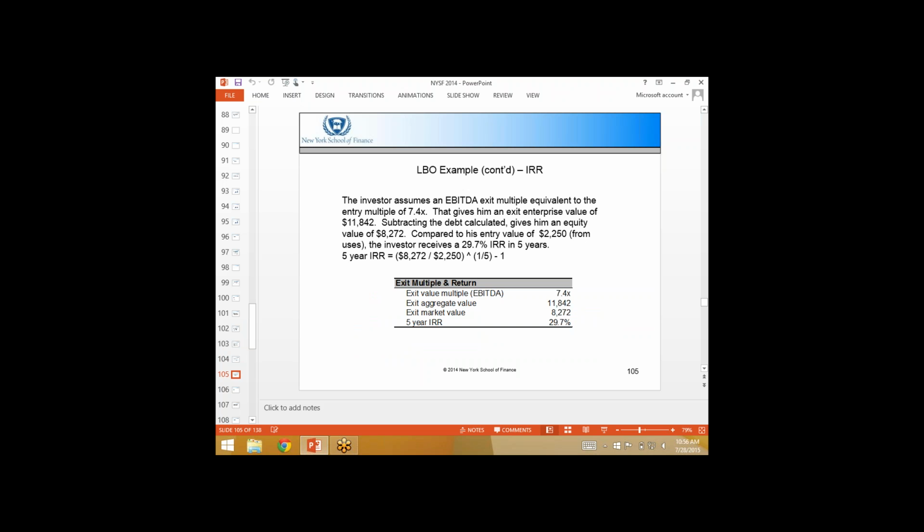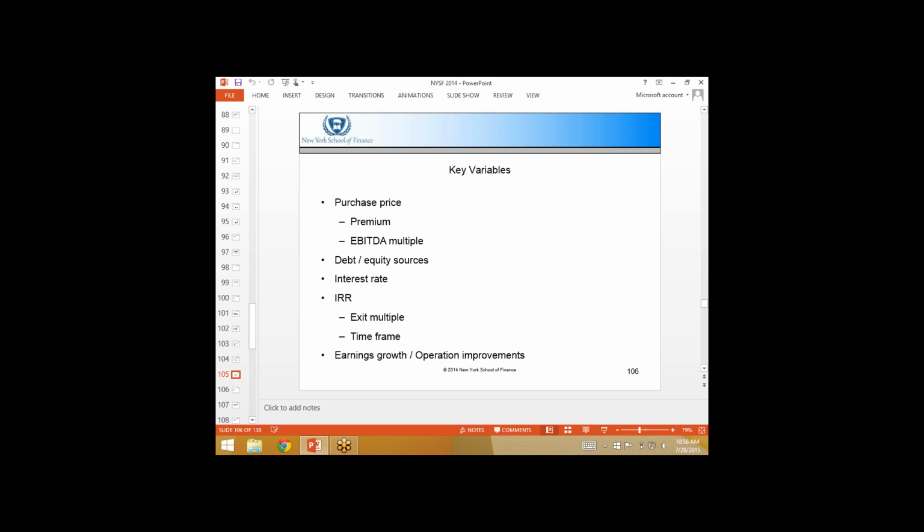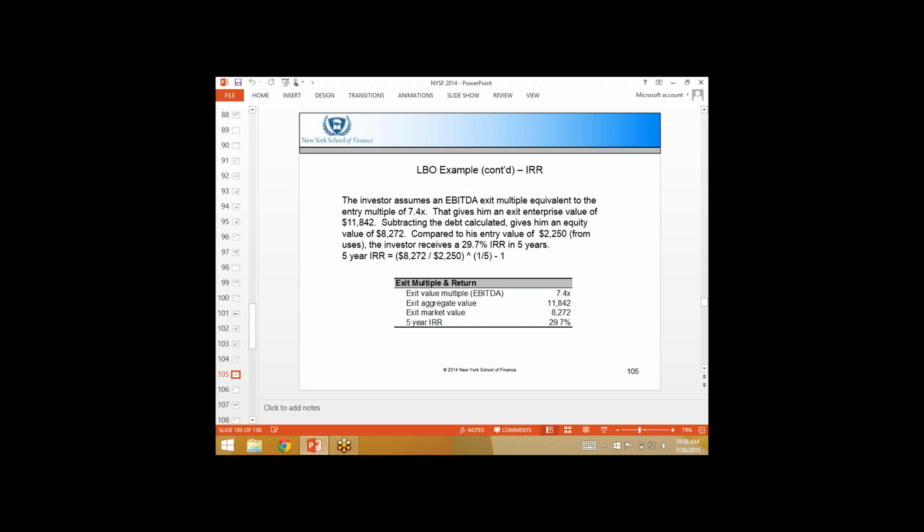What are the drivers? What are the major variables here? What are the key variables? The cash being produced, absolutely, is a variable.